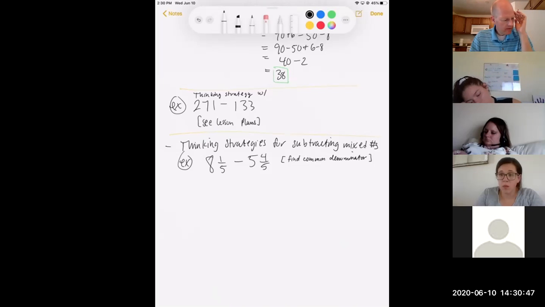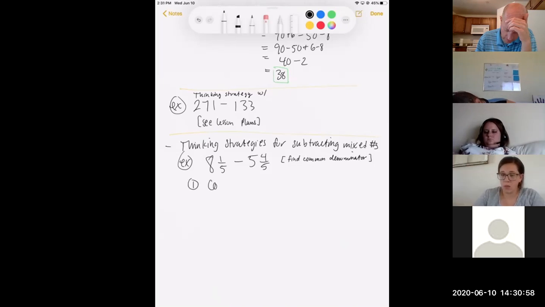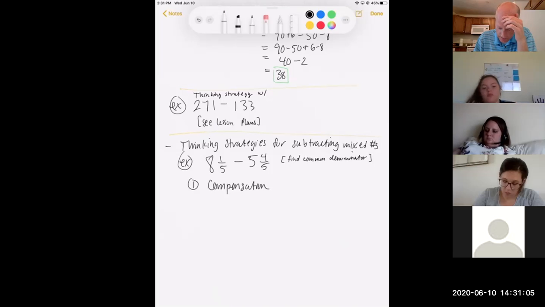I think we'll talk about that more next time as well. When I want to subtract these, so in the homework for the book, they're already going to be like this. If I want to subtract these, the first way is to think about compensation.